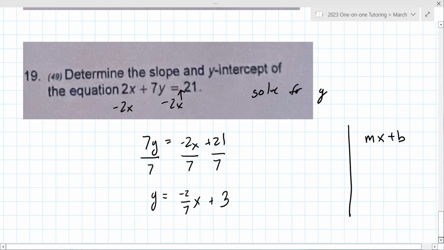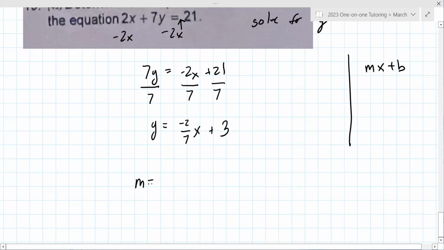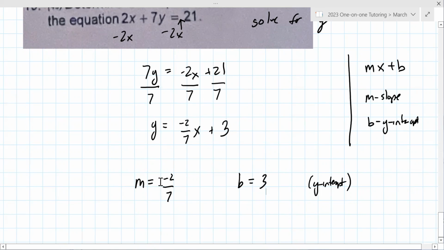Yeah. So the slope is always the number in front of x. The b value is the other number. That's the y-intercept. Can you tell me those two from this, please? -2/7 is the m, and then 3 is b. Good. And just like you said, the slope does not include x. It's a number. It tells you what to do. It tells you how to navigate.